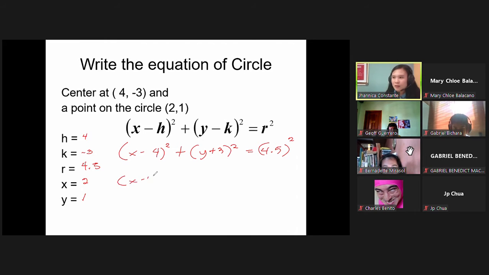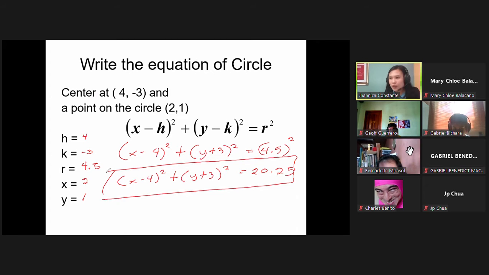So x minus 4 squared plus y plus 3 squared equals 4.5 squared, which is equal to 20.25. So that is the equation of a circle with a center of positive 4, negative 3, and a point positive 2 and positive 1.